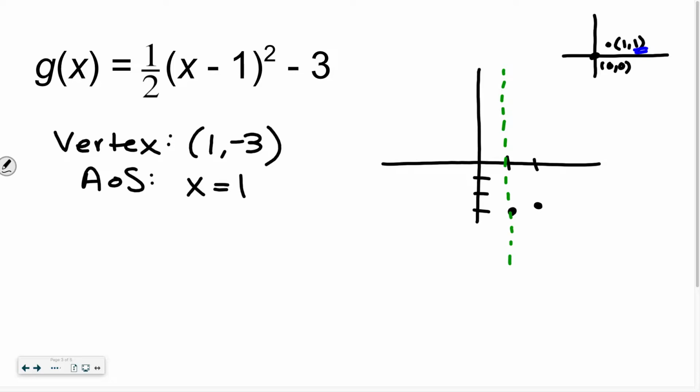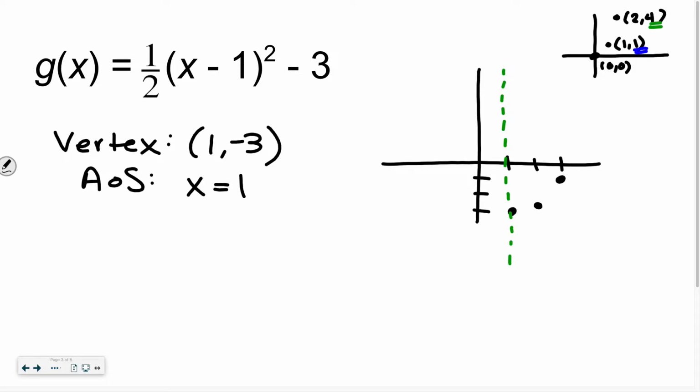If you want an additional point, remember what's the next point on that right side or that right arm of the parabola? It would be at (2, 4). So then you'd be vertically shrinking the 4 by 1/2. So that would mean if you went right 2, you should only go up 2, which is 1/2 of 4. So I'll go back to this point right here, my vertex at (1, -3), and I'm going to count right 2 and then up 2.